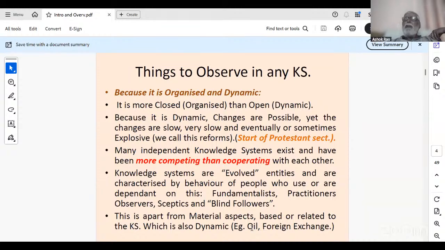No, because everybody will be using electric vehicles or hydrogen. So many times a new material aspect will also come to our knowledge system, not necessarily remaining permanent. Whereas many other things have been there for the last 4,000-5,000 years. Will they be there after another 500 years? We don't know.